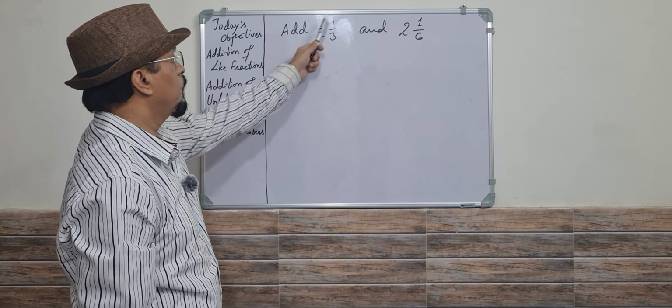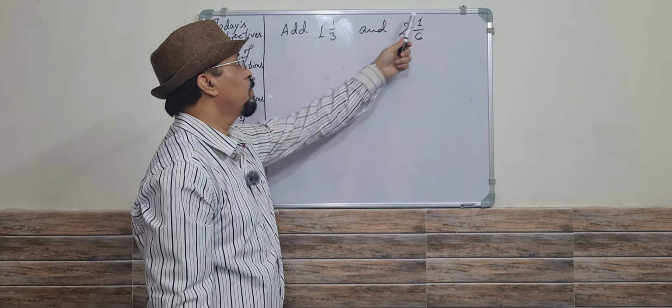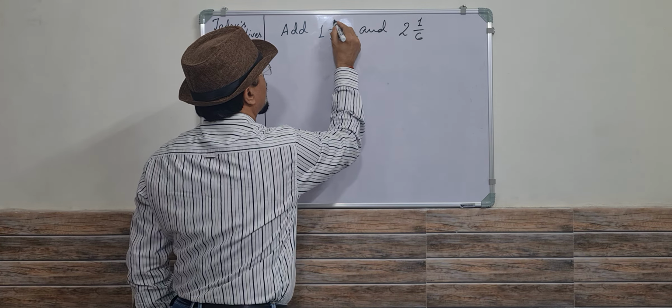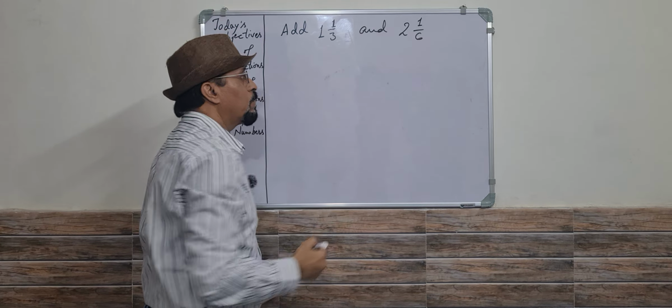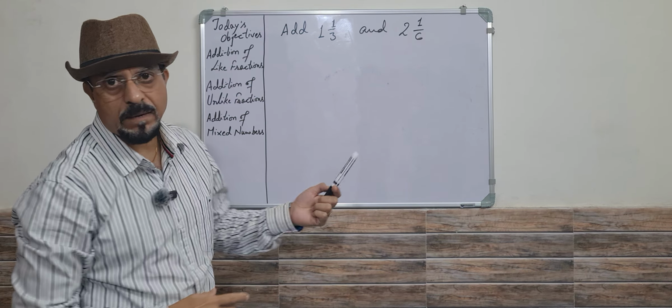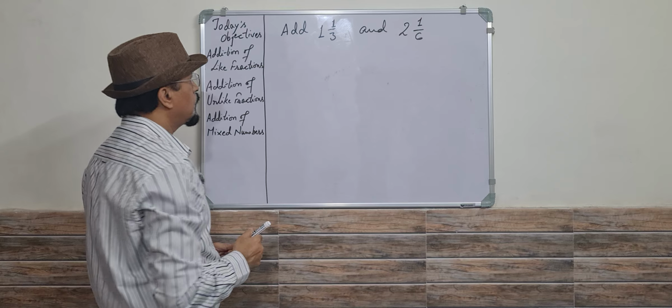Add 1 1 by 3 and 2 1 by 6, or we can say one whole number 1 upon 3 and 2 whole number 1 upon 6. So to add these two, I'll convert them to improper fractions first.